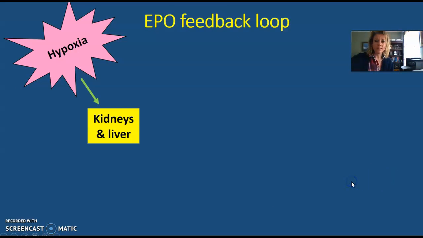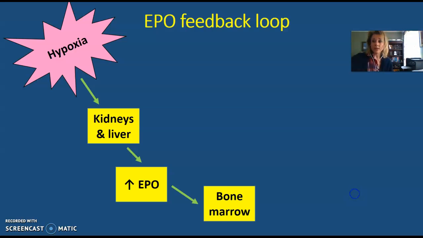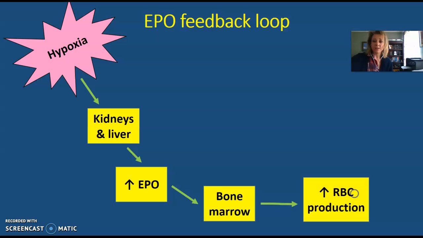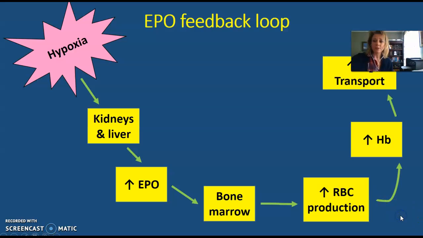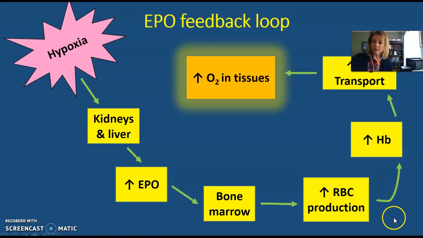And then this is just the EPO feedback loop. So hypoxia causes the kidneys and the liver to increase production of EPO that stimulates the bone marrow to increase red blood cell production, which increases the amount of hemoglobin that we have in our blood and thus our oxygen transport. And that means that we're going to get more oxygen in tissues.